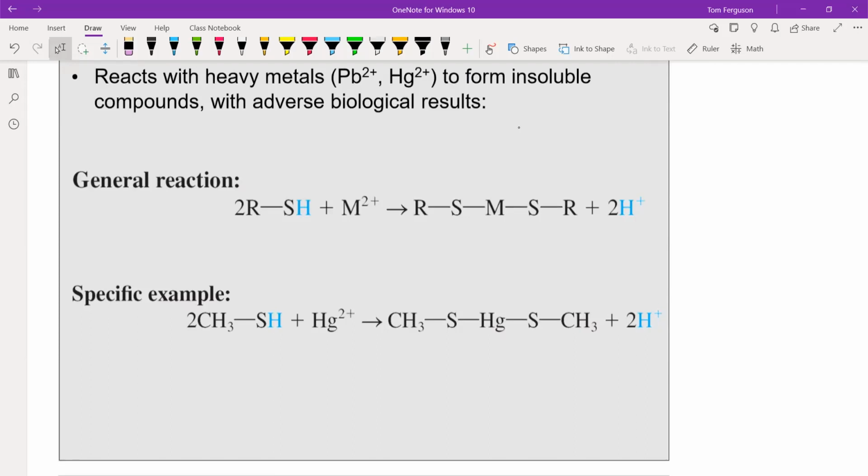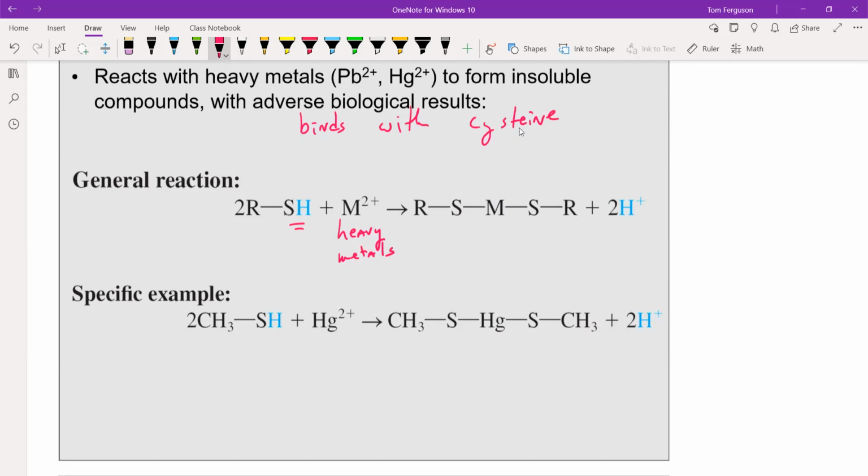One other reaction, which is really important biologically, is that thiols love heavy metals. This is why lead and mercury are particularly poisonous. It's because what happens is it binds up with cysteine, permanently.